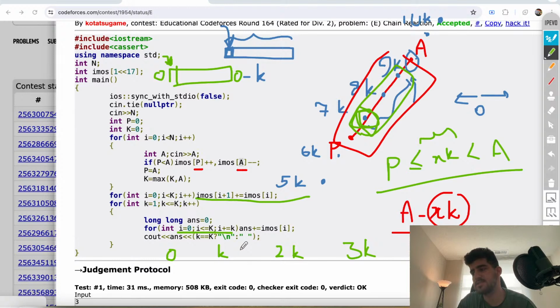Does this make sense? Is it completely okay? Have you understood it completely or not?